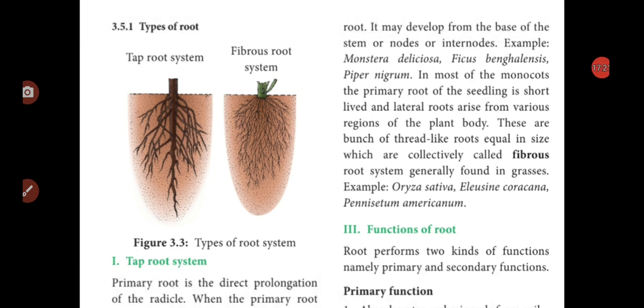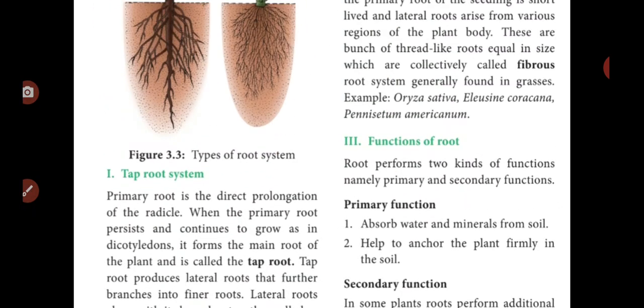In most of the monocots, the primary root of the seedling is short-lived and lateral roots arise from the various regions of the plant body. These are a bunch of thread-like roots equal in size, which are collectively called fibrous root system, generally found in grasses.